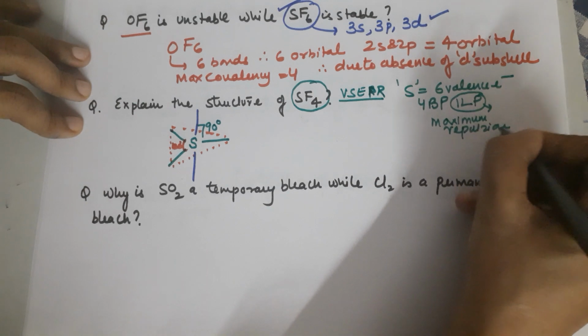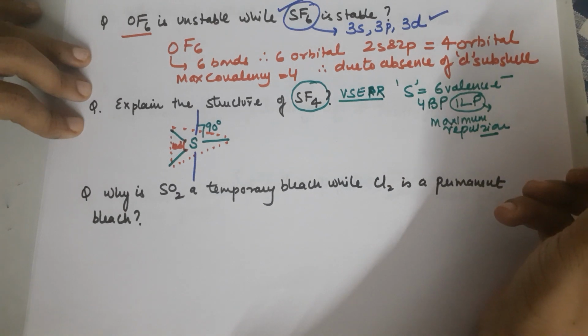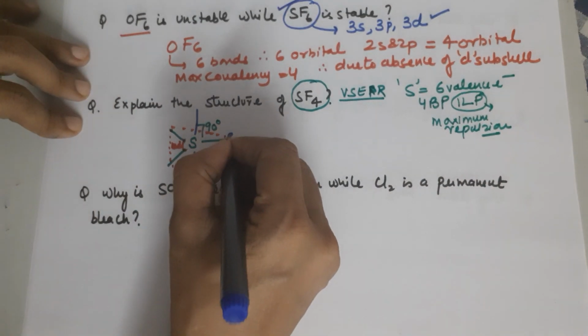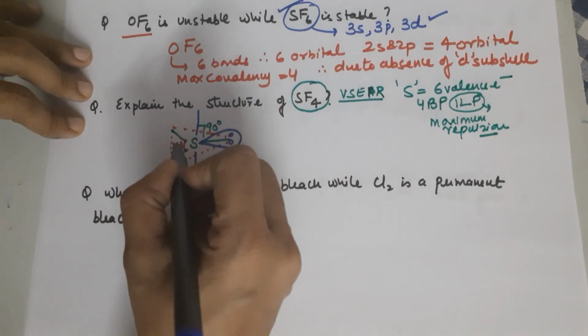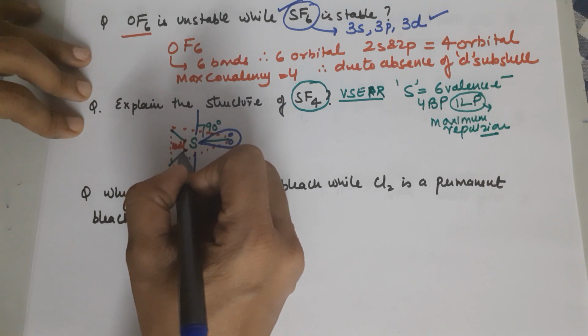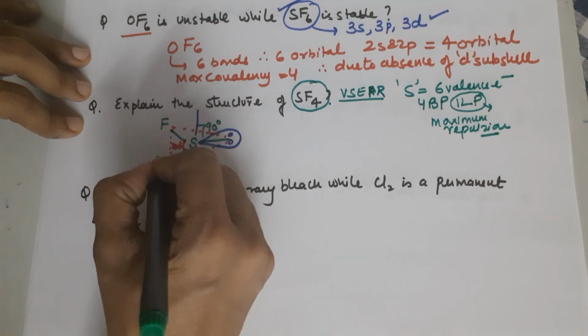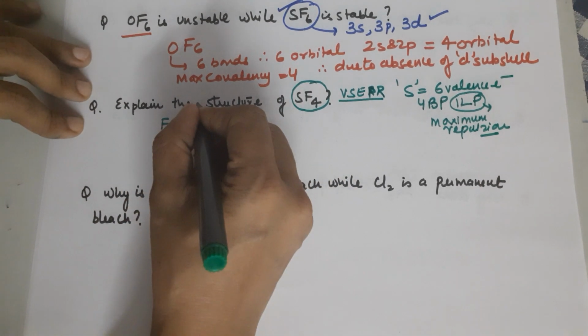Therefore, you always prefer to place it at a position where the bond angle is large so that the repulsion is less. So it is clearly understood that your preference would be to keep the lone pair on the equatorial position, because here the bond angle is 120. Rest positions would be taken by fluorine. So your fluorine takes these 2 positions in the equatorial plane and the axial positions.